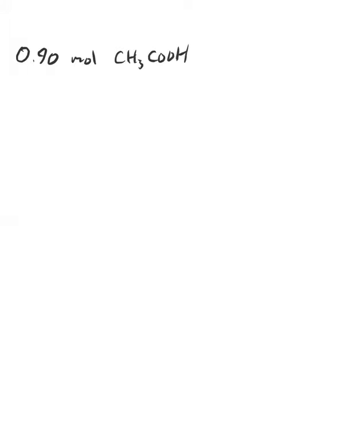All right, let's do carbon. Carbon is 12.01 grams per mole. Hydrogen is 1.01 grams per mole. And oxygen is 16 grams per mole. So let's find out the molar mass of this compound.